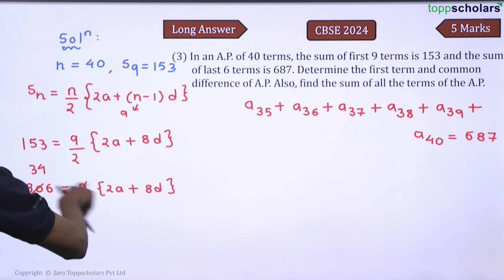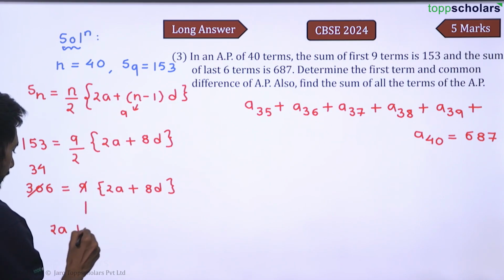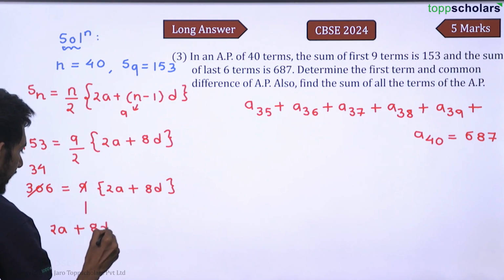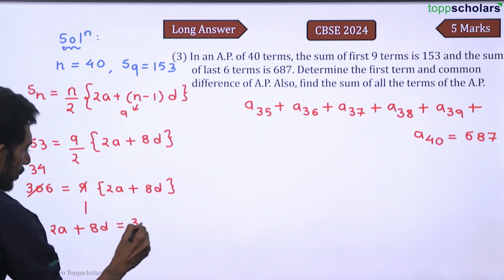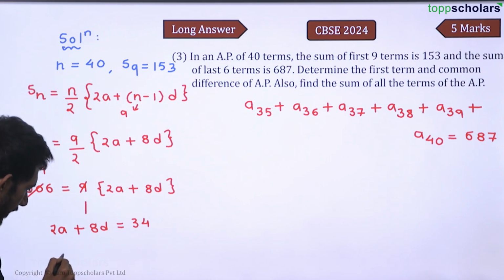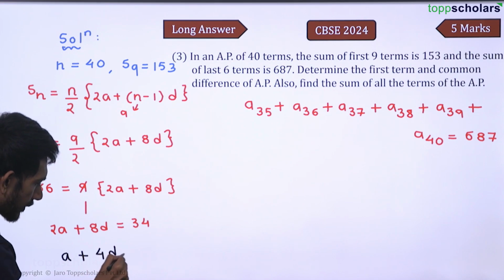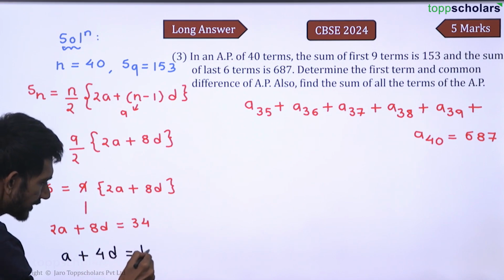So can I say 2a plus 8d is equal to 34? Now if I divide by 2, this will become a, this will become 4d, and this will become 17.